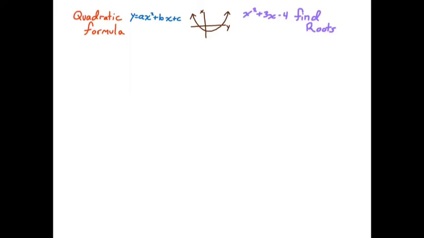Now if you notice, the a value is 1. The b value is 3. And the c value is negative 4.